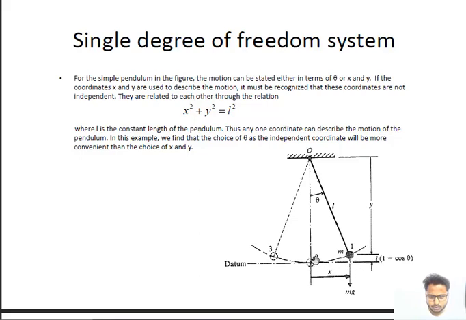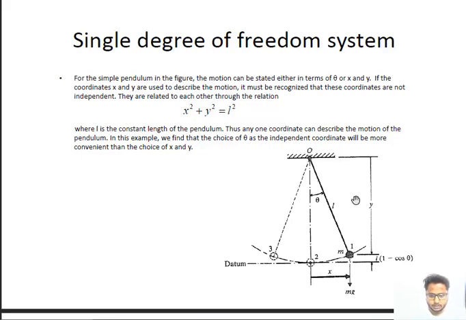But if we take the origin as this point, the vertical displacement is L into (1 minus cos theta). We are taking the components of L: this is L cos theta and this is L sin theta. So x equals L sin theta, and y is L cos theta.